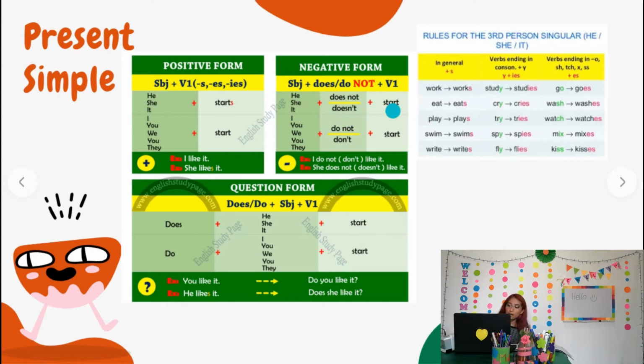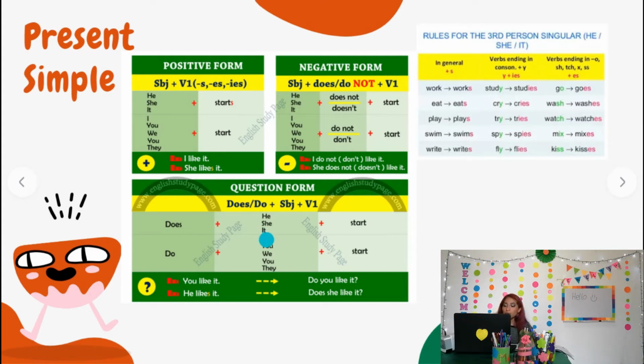He doesn't start or he does not start. Either way is correct. If it's not third person, like I, you, we, they, we will use I do not start or I don't start. Either way is correct. Do not or don't. Do not is used to speak more slowly, and don't to speak faster.